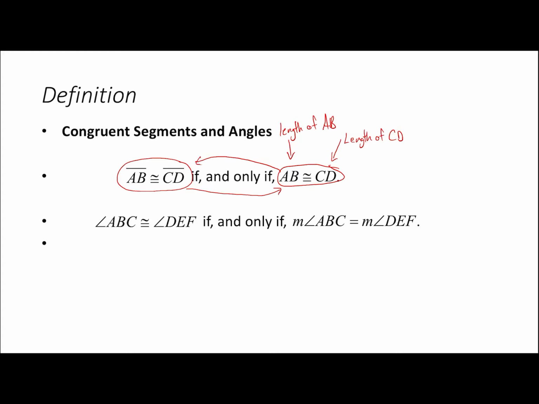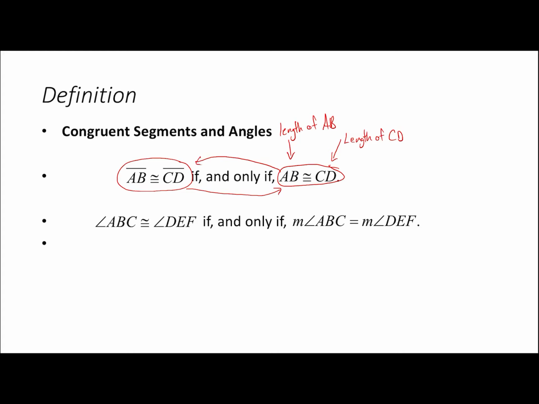On the other side of this, though, if the lengths are the same, then it also means the segments have to be congruent. And so this if and only if statement means that you actually can read this statement front or back, and from left to right or right to left, and it has the same meaning.